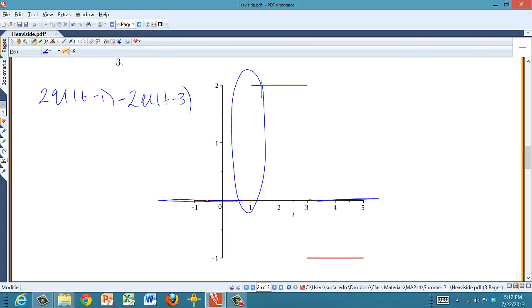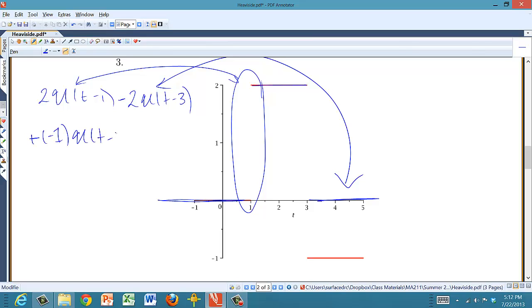So I've turned on 2 at time 1 through my Heaviside function, and I've turned it off at time 3 through another Heaviside function, and now I want to turn on the value -1. So I'll write plus -1 times u evaluated at t minus 3. And that's turning this on.